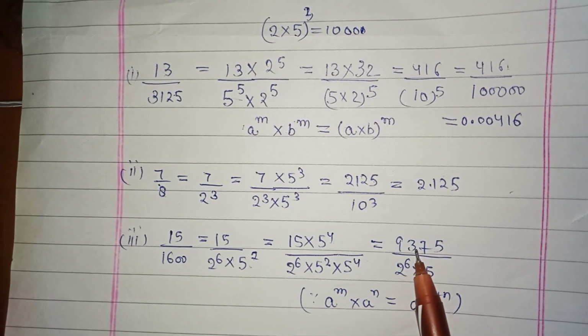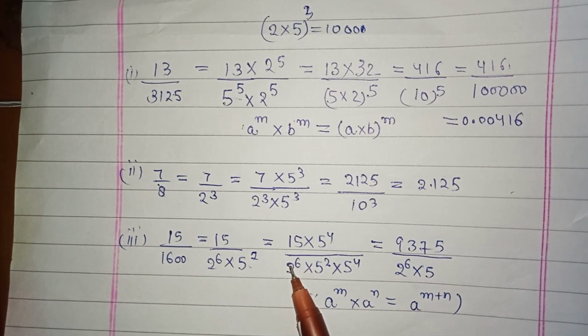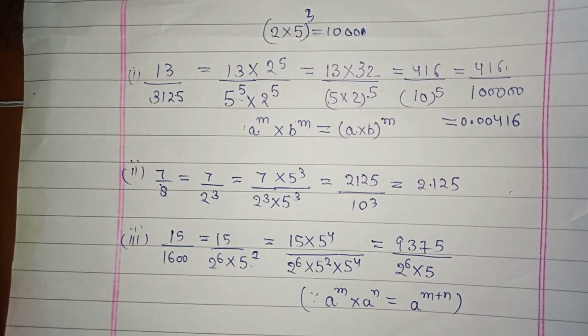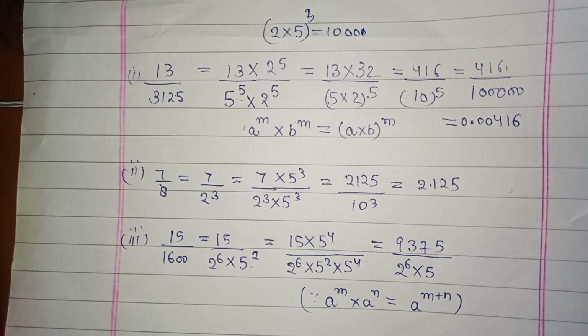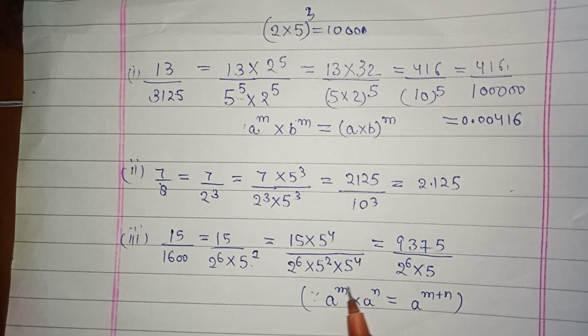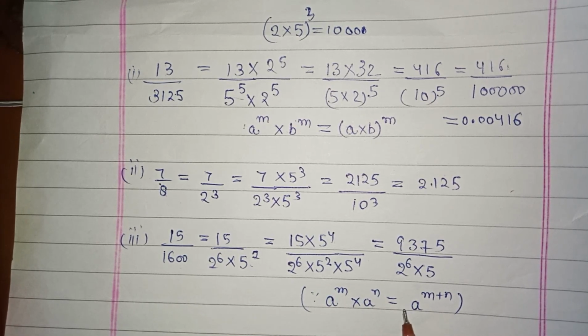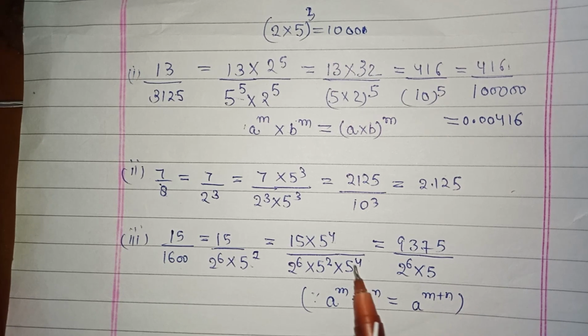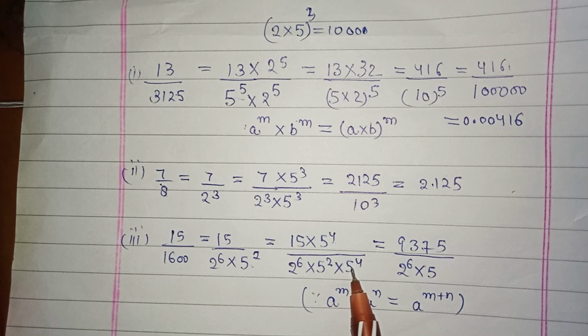So in the numerator I simplify this. So I get 9375. Now in the denominator I have 2 raised to the power 6, and here we will again apply another rule of surds and indices, which says that if we have same bases and different powers and these two terms are in multiplication, then we can take a as the base and the powers will come in addition. Similarly we will follow the same rule here. We have same base as 5 but different powers as 2 and 4.